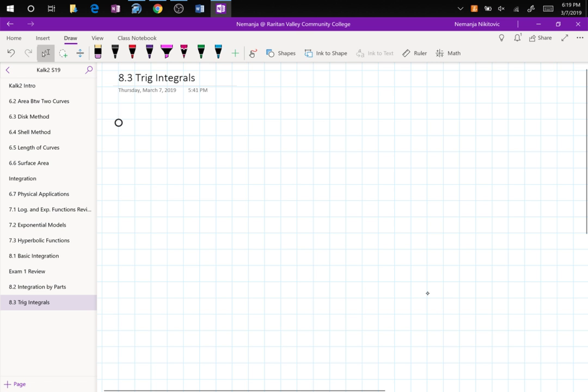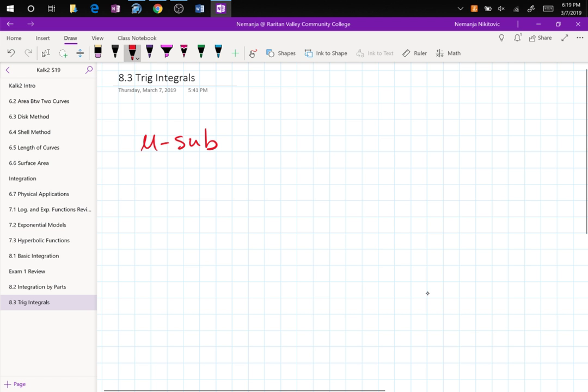Few things that you must know before we get to calculus. These are the formulas from pre-calc that you absolutely must know. Number one, you must know u sub, that's a given.